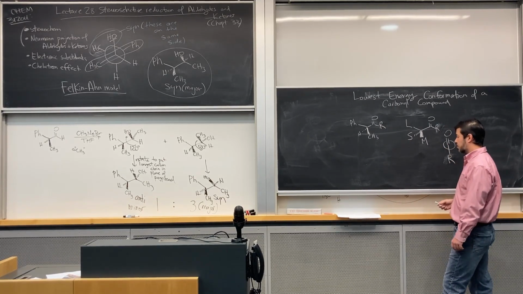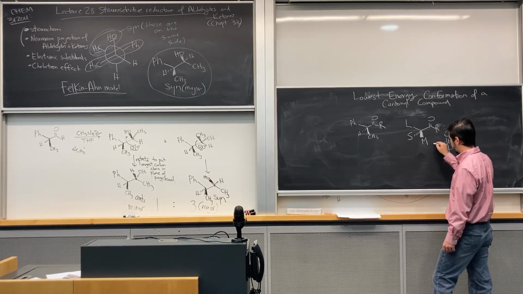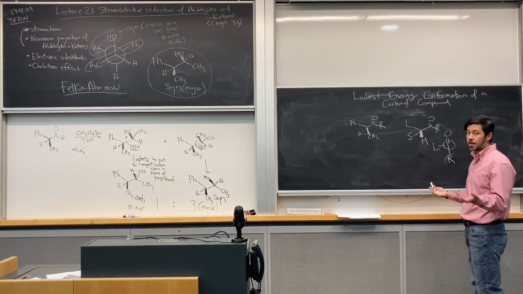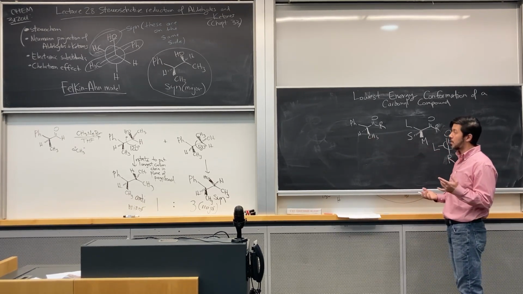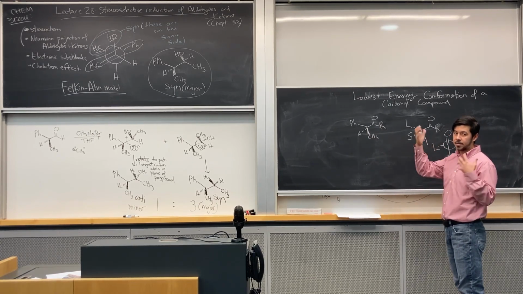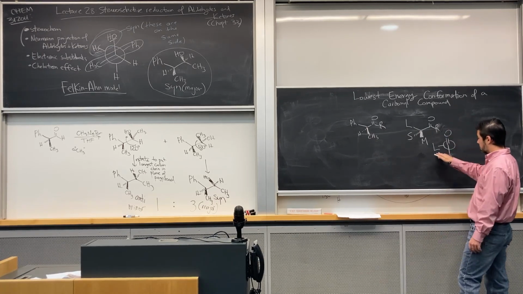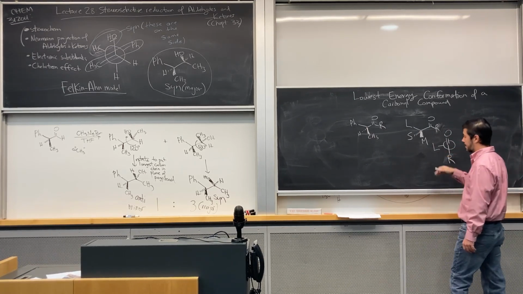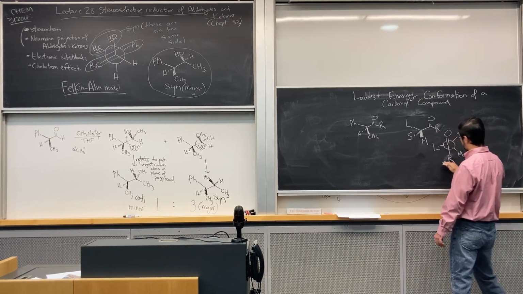What you're going to do is orient your largest group, whatever that is. Maybe it's a methyl group, if perhaps some of these other substituents are smaller. Or maybe it's a huge naphthyl group with all these different side chains attached to it. You're going to put the largest group 90 degrees away, and you're going to orient the other groups respectively.